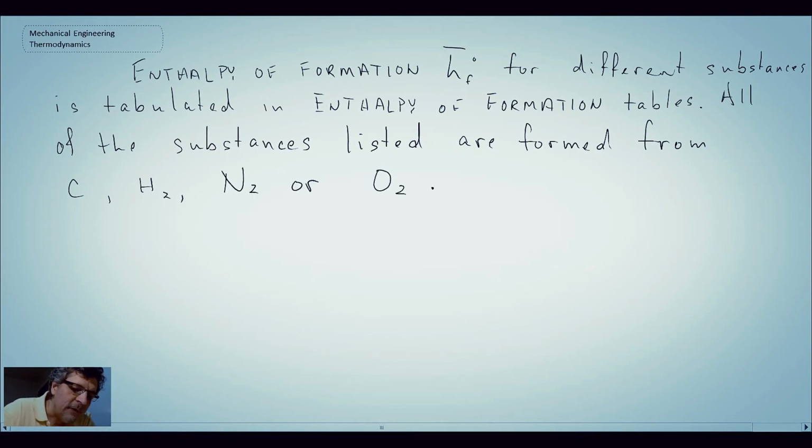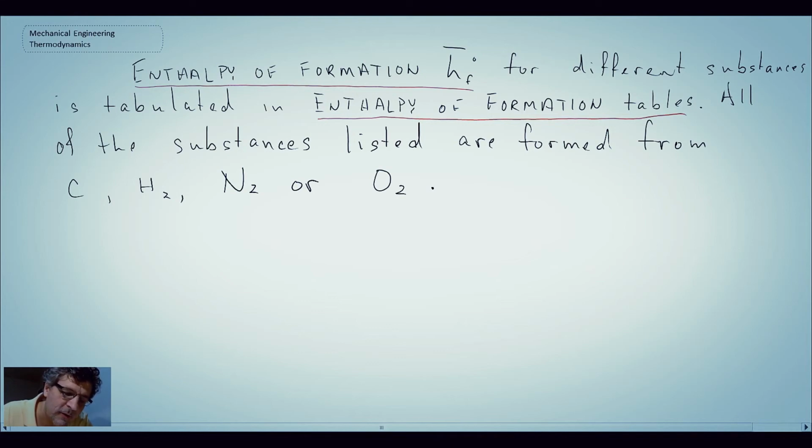So then you would go and find your enthalpy of formation tables, which again will be in the back of your textbook. They provide enthalpy of formation at the base state, so at 25 degrees C, 1 atmosphere, and they will be listed for different substances that you might be dealing with.